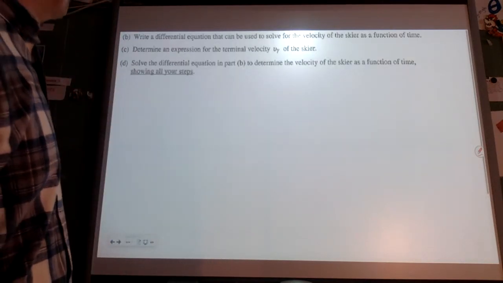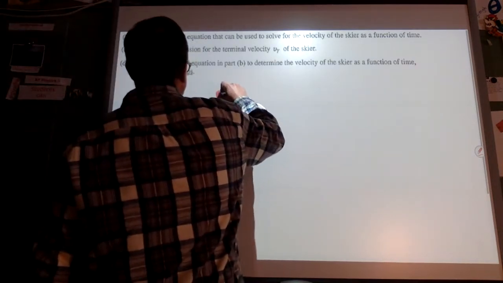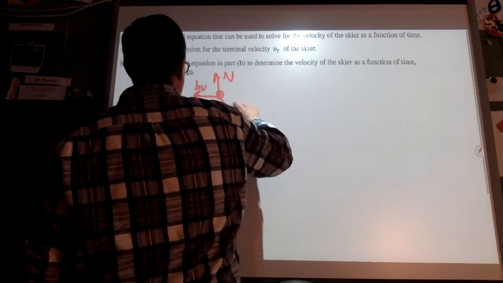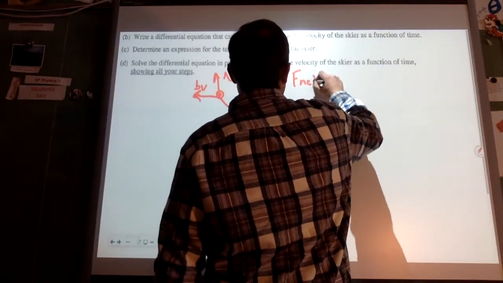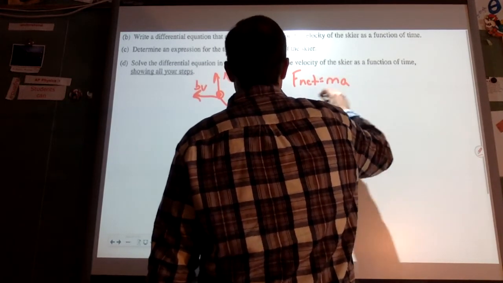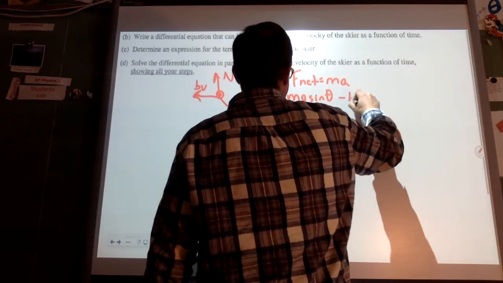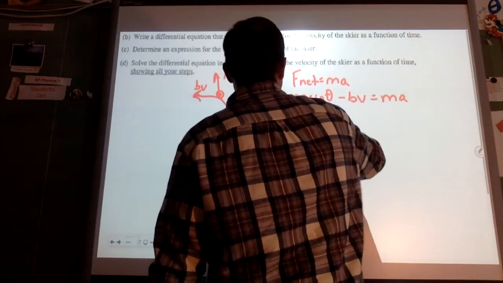Write a differential equation that can be used to solve for the velocity of the skier as a function of time. So I'm going to rotate my axes, and I'm going to say that F net equals ma, and I'm going to have mg sine of theta minus bv equals ma.